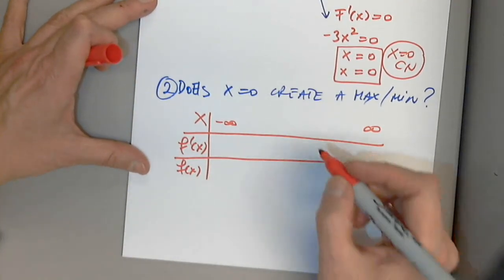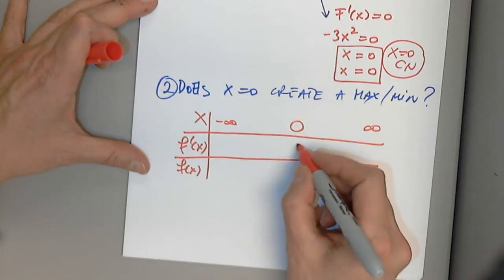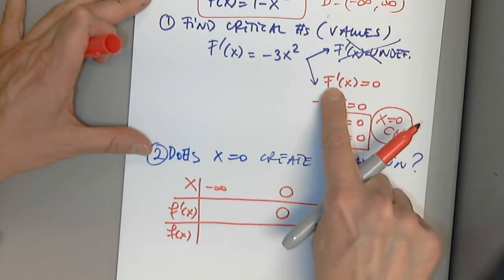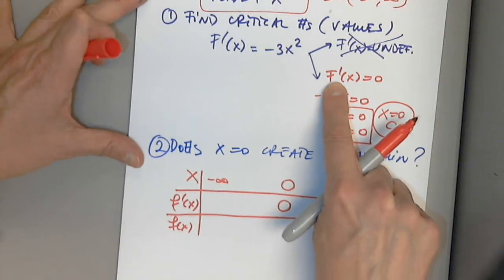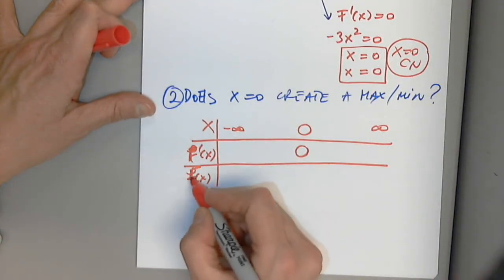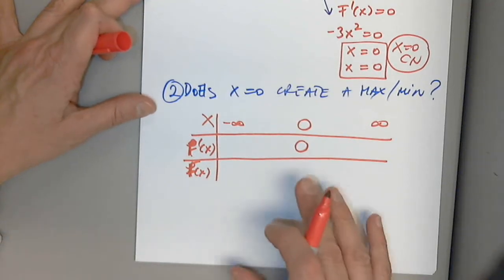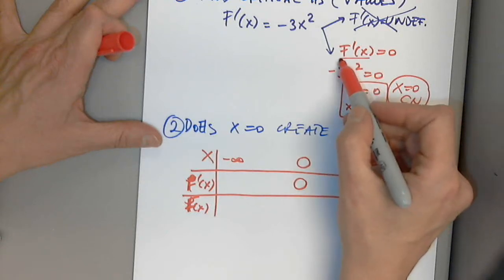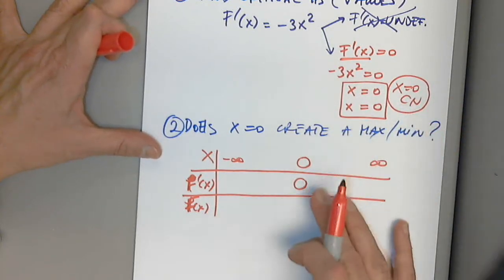Good. And the derivative is 0 at x equals 0. Careful, I use the lowercase f like I always do instead of the uppercase, but you know what I mean. It's the uppercase F, that's the name of the function. It doesn't matter really. So f prime of x is 0 when x is 0.